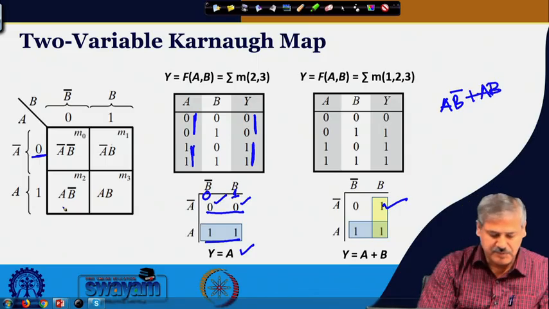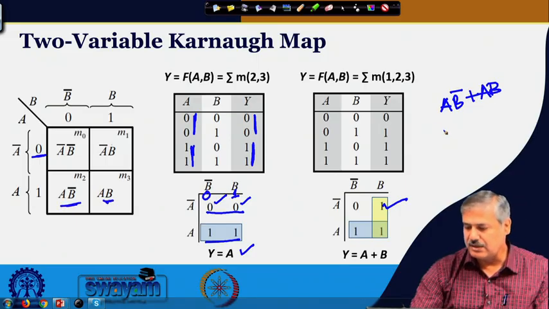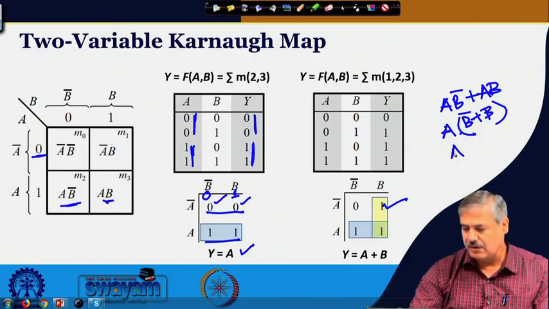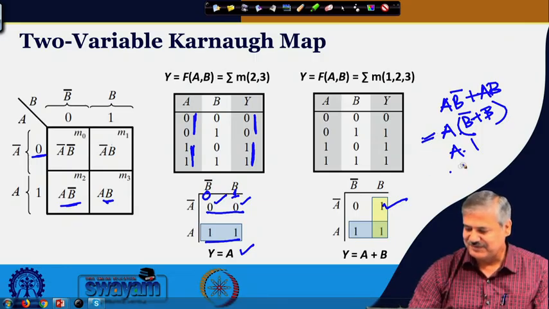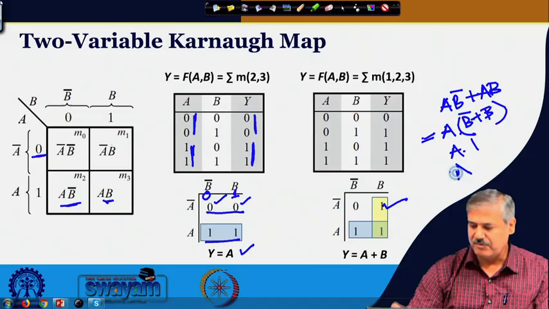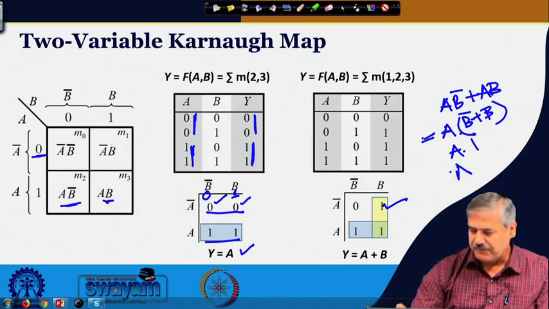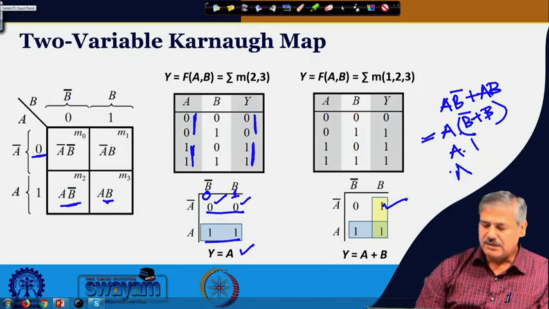These two min terms, a b bar and a b, and it is well understood that from complementarity we can get a. So, this is a, right.